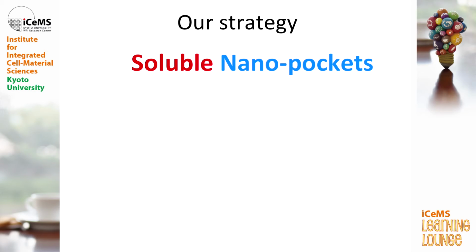So concretely, what we aim to develop is soluble nano-pockets. Nano-pockets are important, as I explained before, because they are very efficient for capturing carbon dioxide. So we want to keep this nano-pocket size, and on the other hand, we want these materials to be soluble.